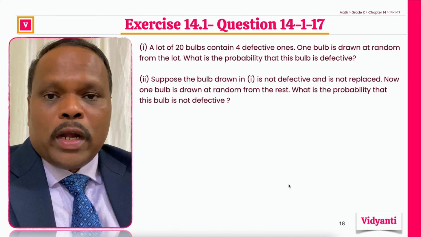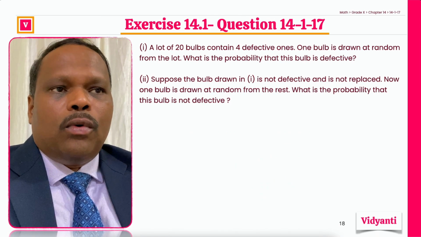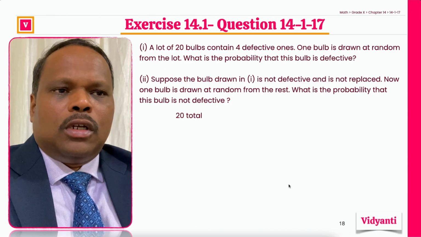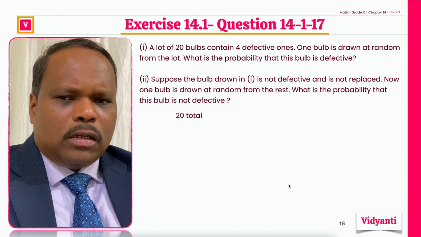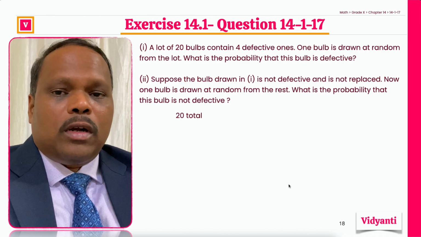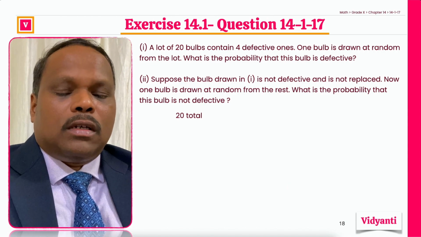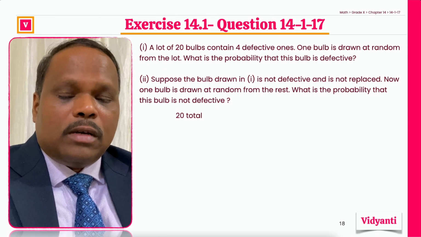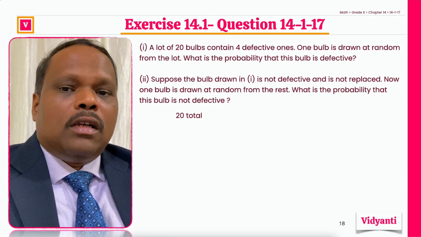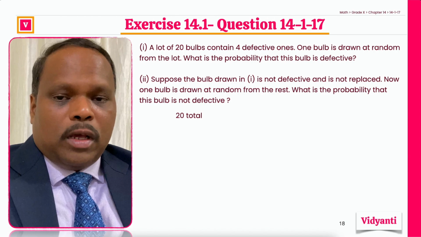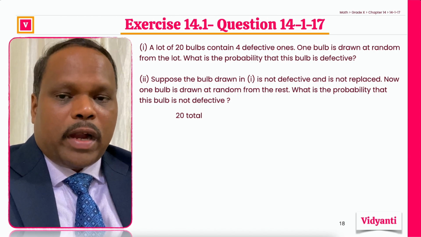A lot of 20 bulbs contains 4 defective. So now we have 20 altogether. Here you have to be very careful about wording. In the previous case, the good ones and bad ones were given separately and we mixed them together and found the total. Here the number given for the bulbs includes good and bad, so we have to subtract.